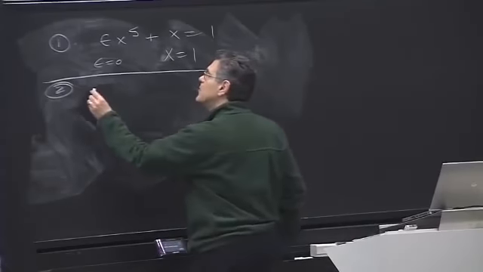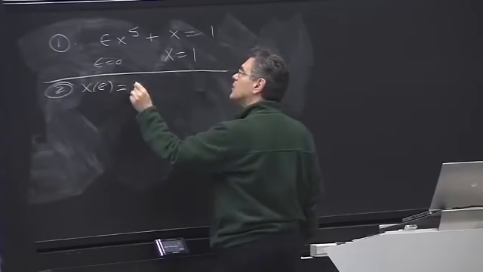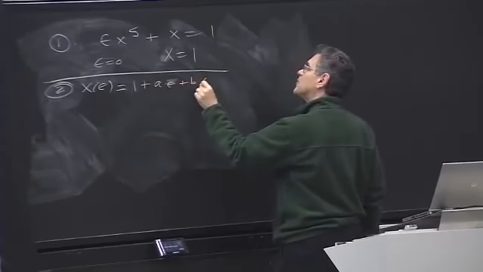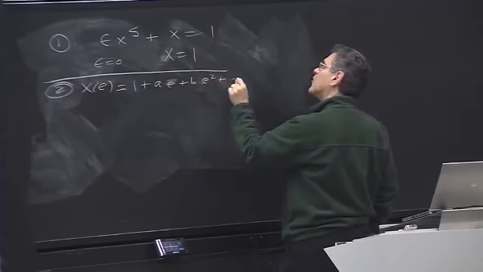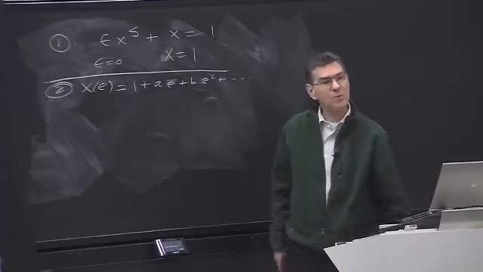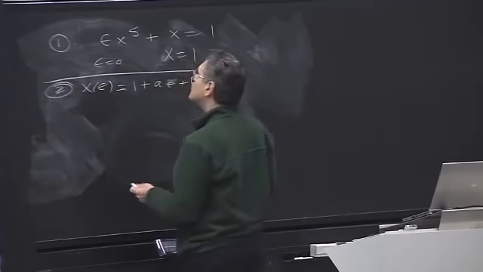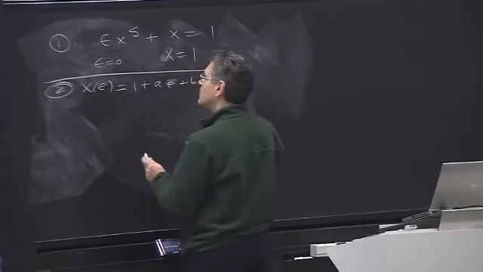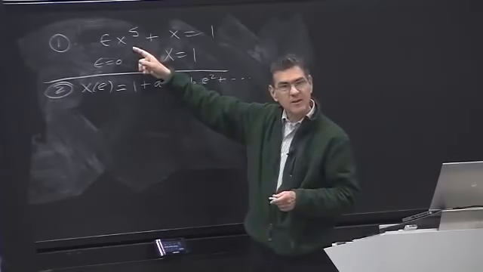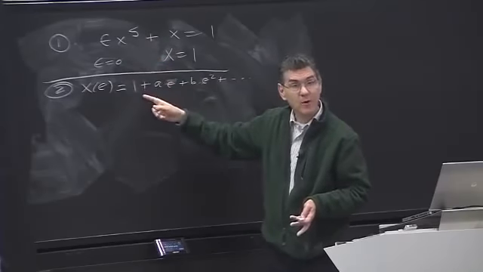Okay? Let's assume that the answer, x, as a function of epsilon, has the form 1 plus a epsilon plus b epsilon squared, and so on. And we plug it into this problem, okay? And let's see what happens. First of all, we already know what happens when you raise x to the 5th power.